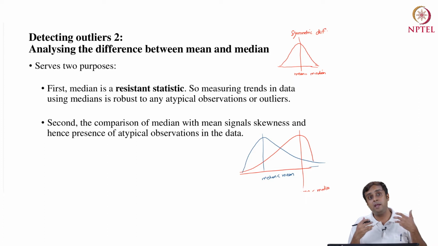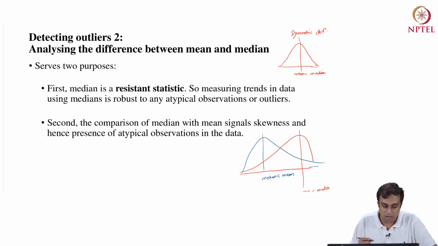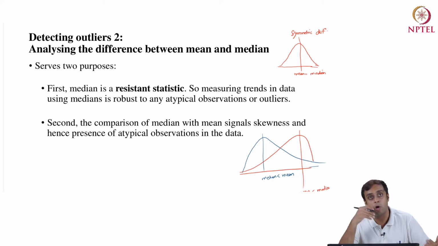So comparing means and medians can help us detect outliers. It will be a signal again that maybe there are some outliers in the data that we should start to worry about.